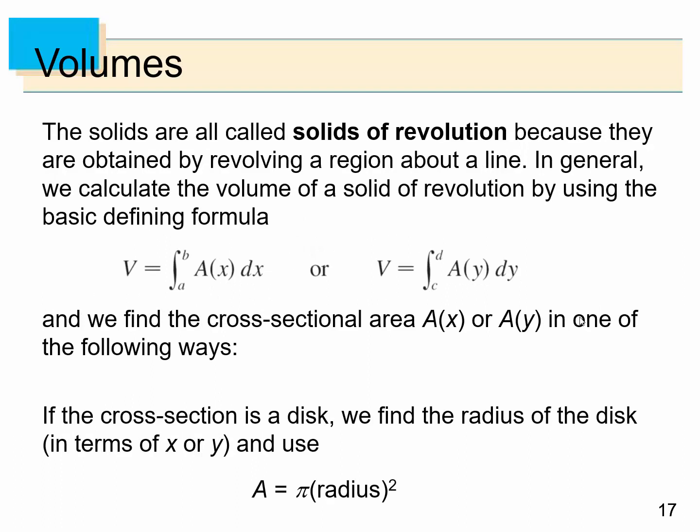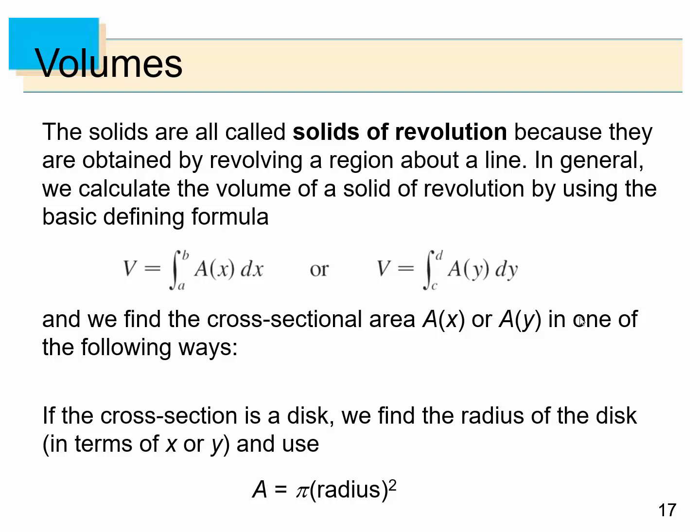Now let's get on to what we really want to talk about in this video, which is solids of revolution. Now, solids of revolution really are no different than finding the volume of any other solid. It's just that the solid is now created by revolving some shape around an axis. Sometimes it's the x-axis, sometimes it's the y-axis, and sometimes it's a different axis, right? Any straight line in space.